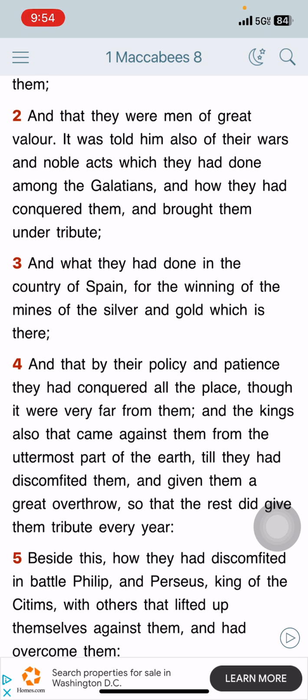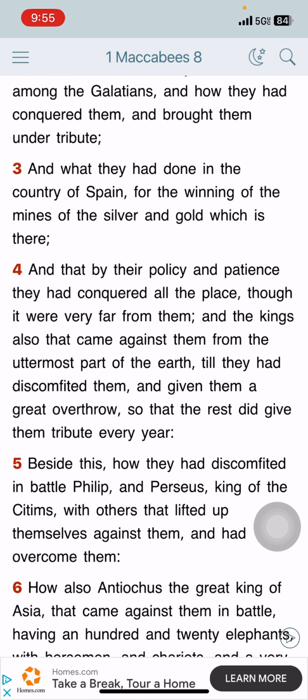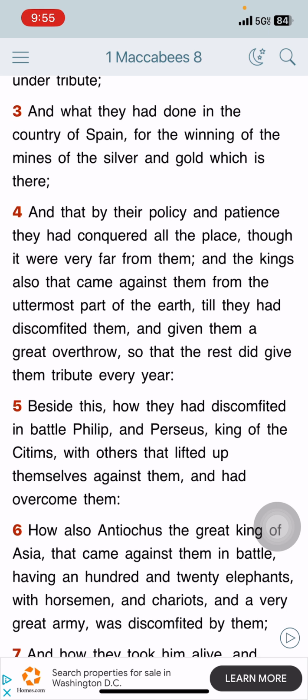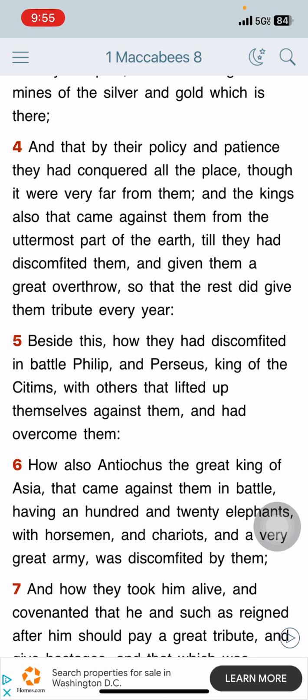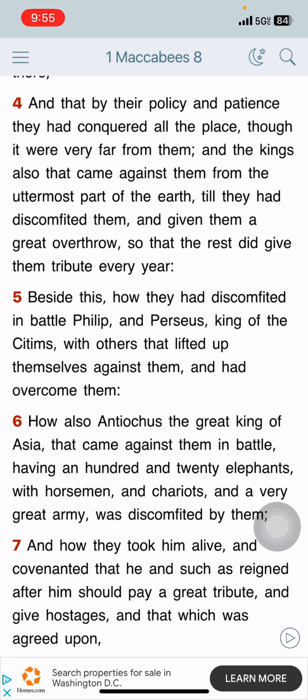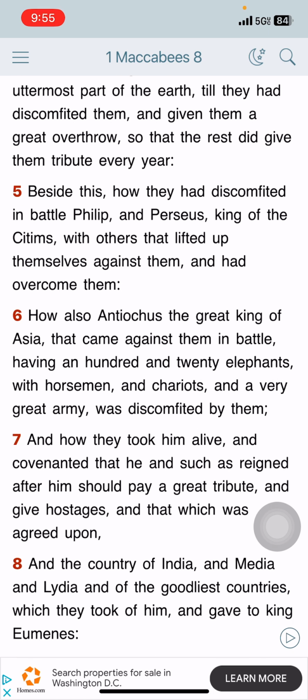It was told him also of their wars and notable acts which they had done among the Galatians, and how they had conquered them and brought them under tribute, and what they had done in the country of Spain for the winning of the mines of the silver and gold which was there, and that by their policy and patience they had conquered all the place, though it were very far from them, and the kings also that came against them from the uttermost part of the earth, till they had discomfited them, and given them a great overthrow, so that the rest did give them tribute every year.